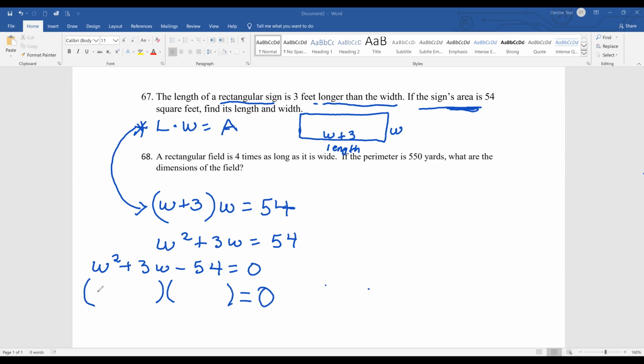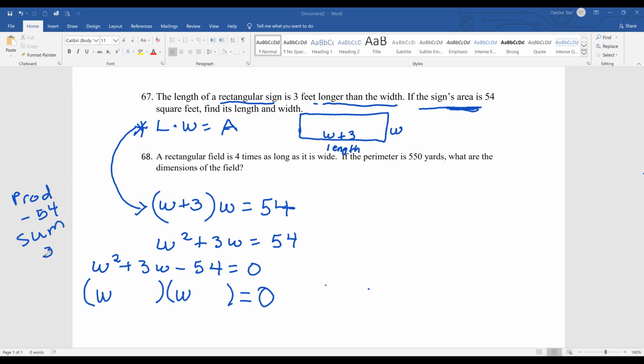So we know this first term is W, the second term is W. Now your objective is to think of two numbers where the product is negative 54 and the sum is the middle term, which is 3.